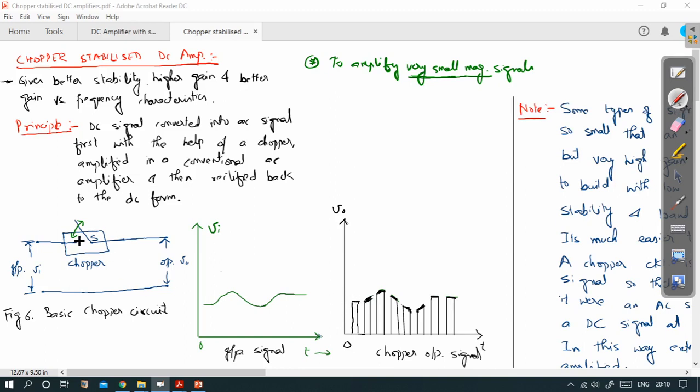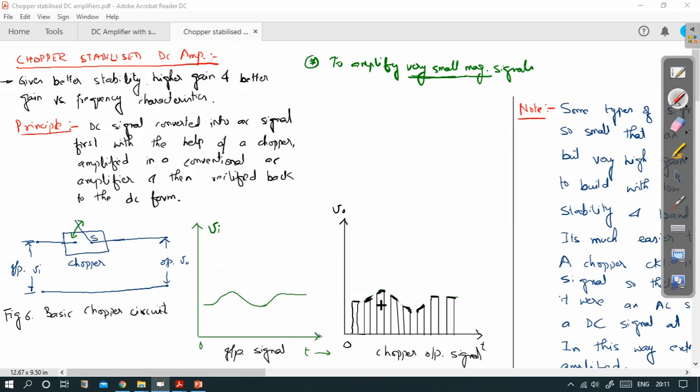Now after some small duration of time the switch goes off. When it is off, the signal cannot pass, and you will get a zero signal here. Again, when it is on, you get the signal value. When it is off, again you don't get the signal, zero. So if you compare the input signal and the output signal, we can very easily say that this is a chopped version of the input signal, because the envelope is the same.